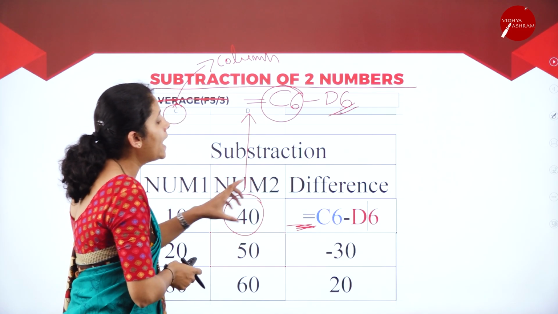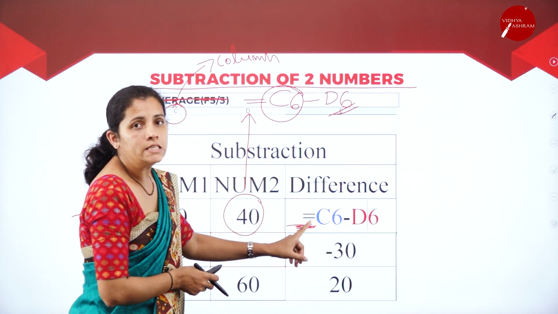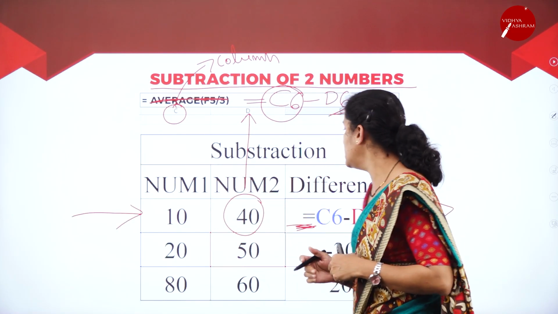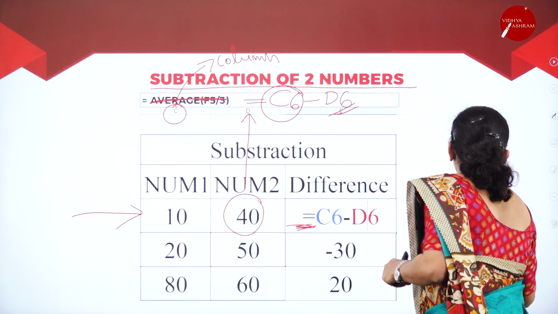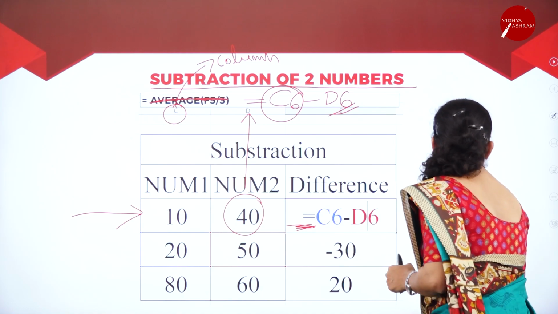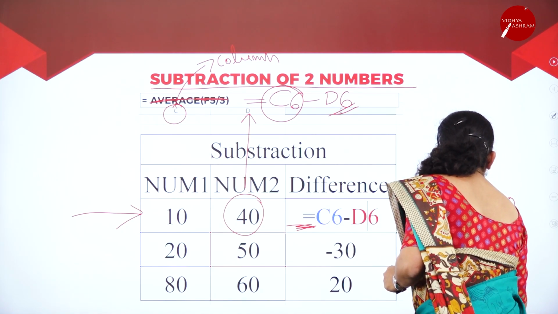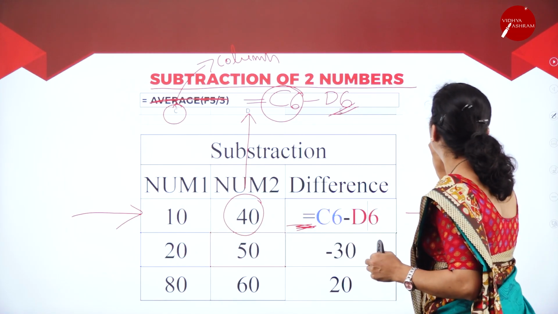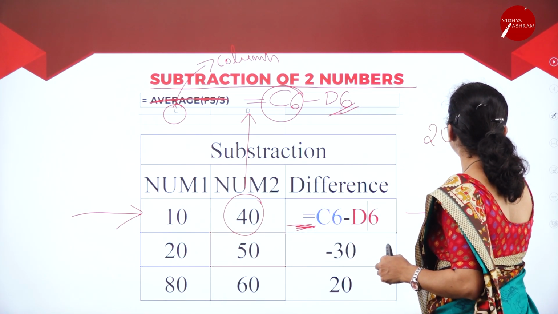And when I perform C6 minus D6, that is nothing but 10 minus 40. So what is 10 minus 40? It is nothing but minus 30. If I consider the second record, it is 20 minus 50.